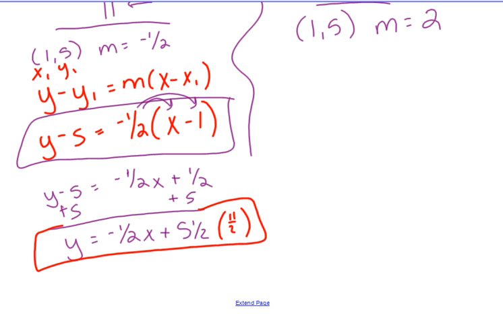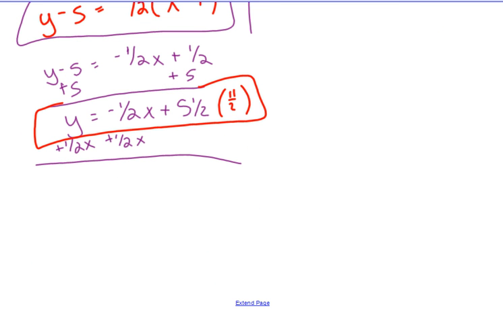Standard form, I would add a half x to both sides. So now I have half x plus y equals, I'm going to leave it as 11/2 because I like improper fractions instead of a mixed number of 5.5. Now I'm in standard form, but I'm breaking a rule.